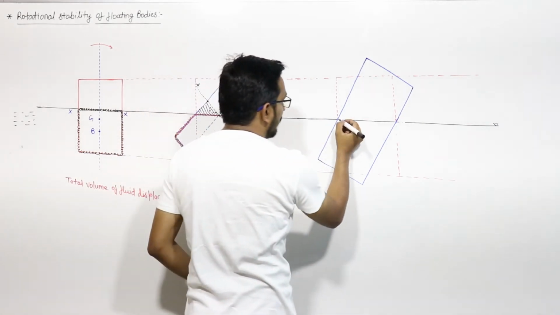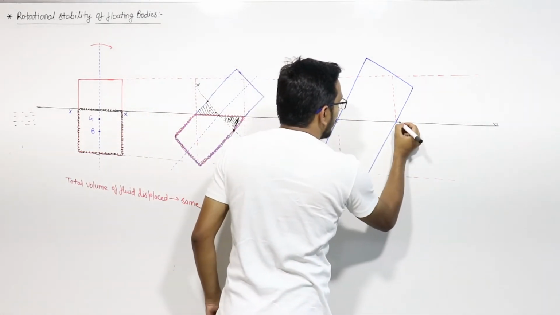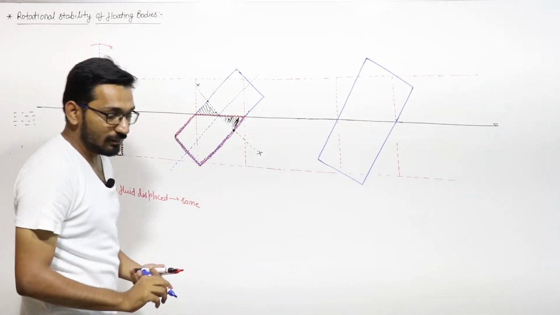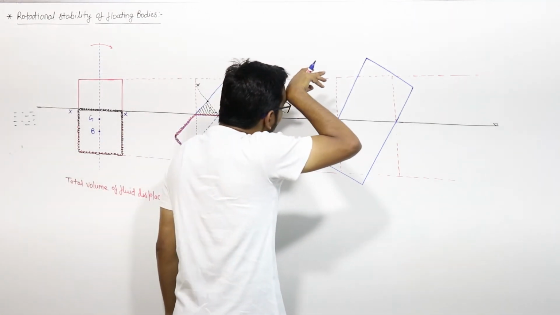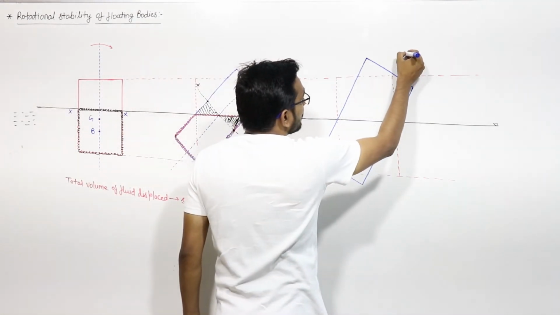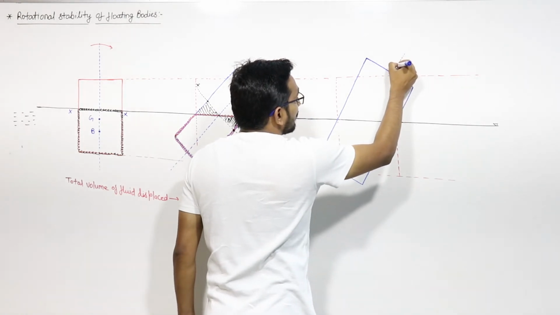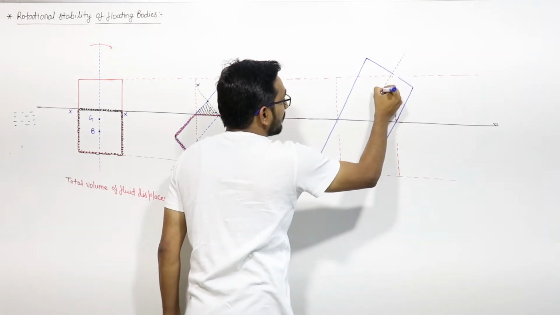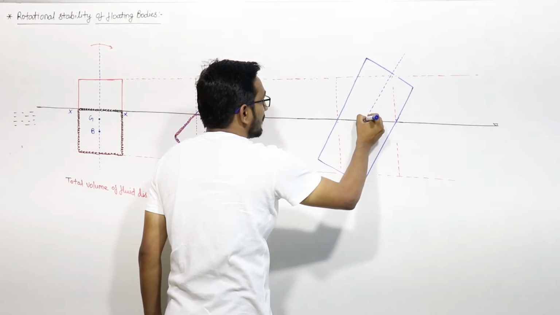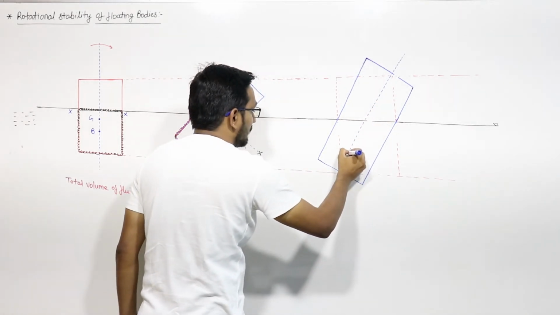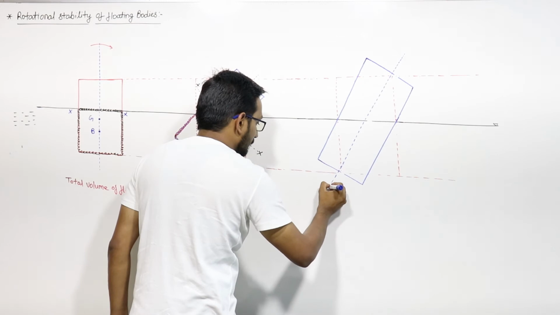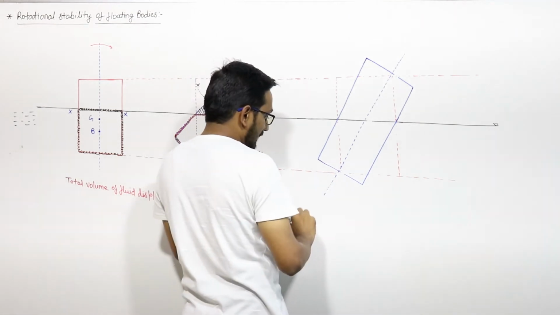This is the body now after tilting, and let us say that this is the final axis of the body.